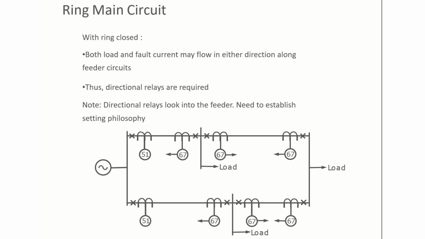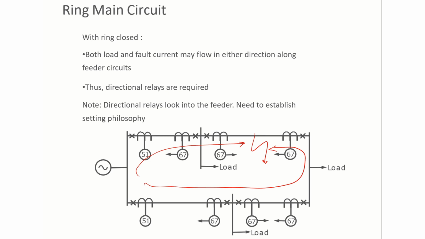In this case also, if you see, for any fault, suppose a fault is here, we can have the flow of current from this side and flow of current from this side. That means now we have a current flow at any particular point. We can have a current flow for load or current flow during fault in two directions, and that's why now we need directional control.